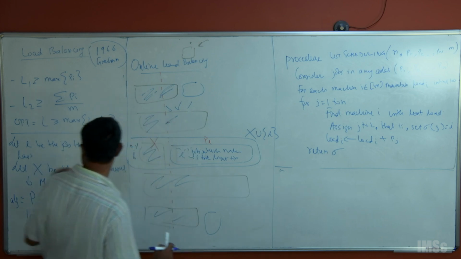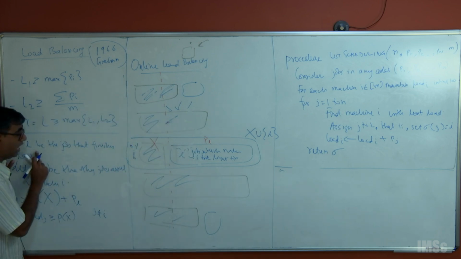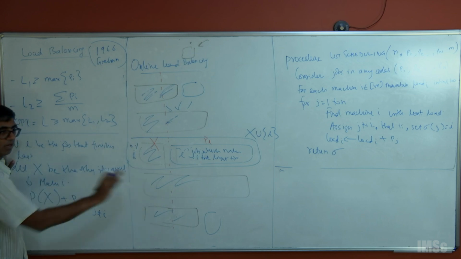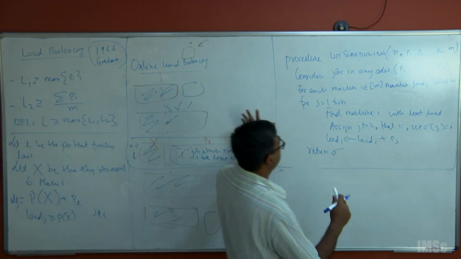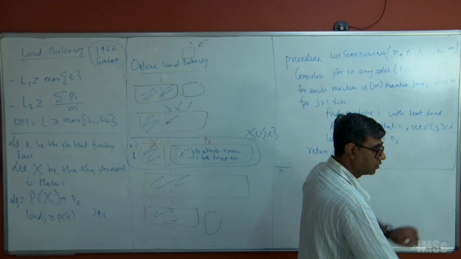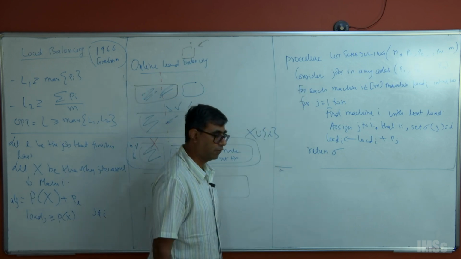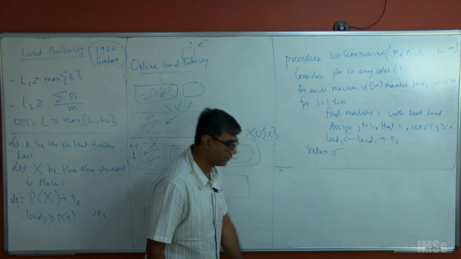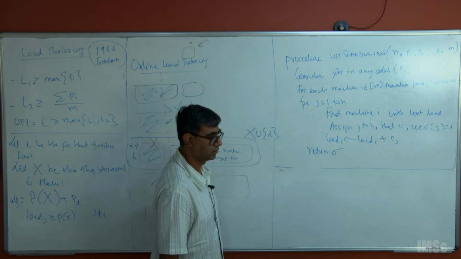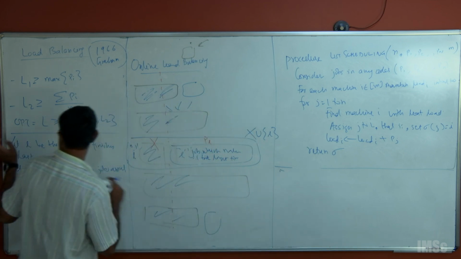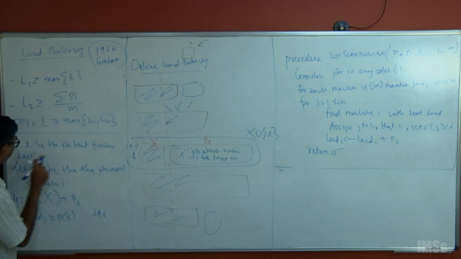First, let's read. I have done my algorithm. The algorithm is over. I have assigned n items. Now let's look at whether the first job finishes last, the second job finishes last, or the third job finishes last. It is about which job finishes last, not the adding. Okay. Let L be the job that finishes last.